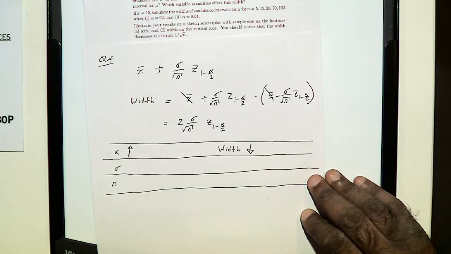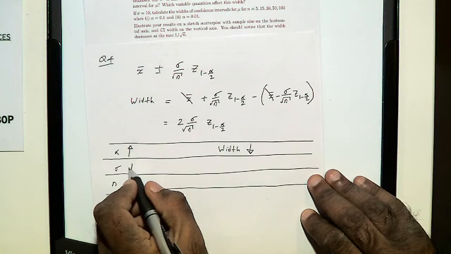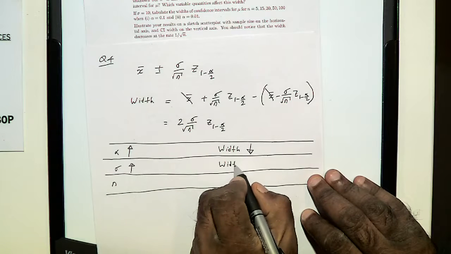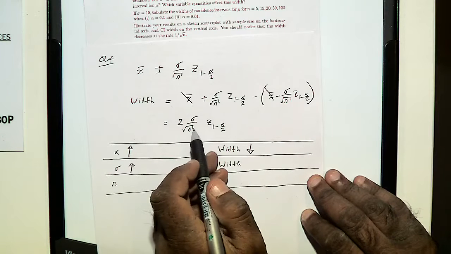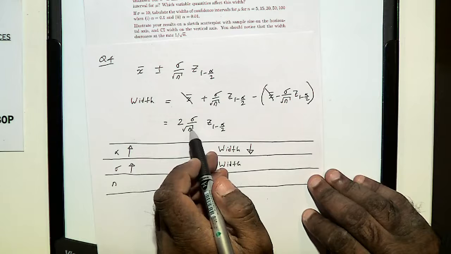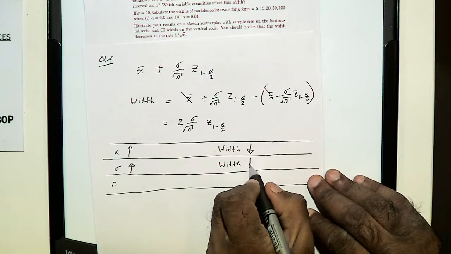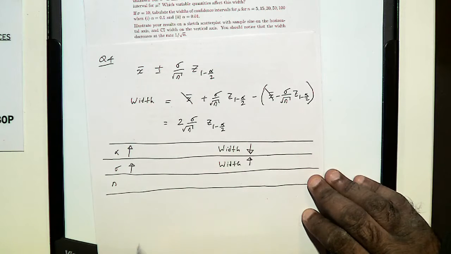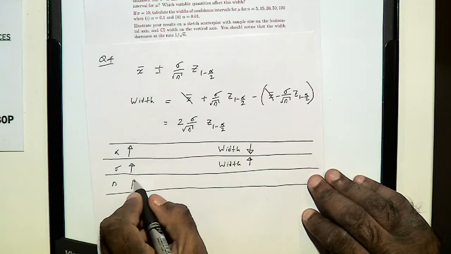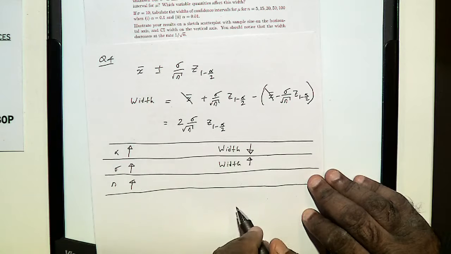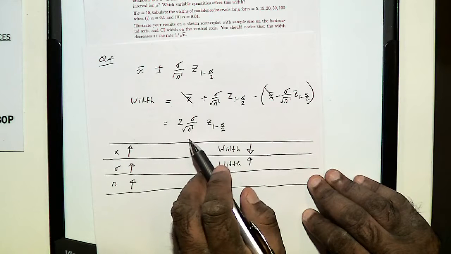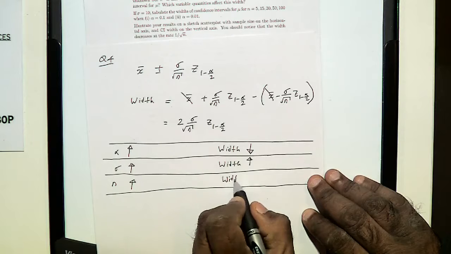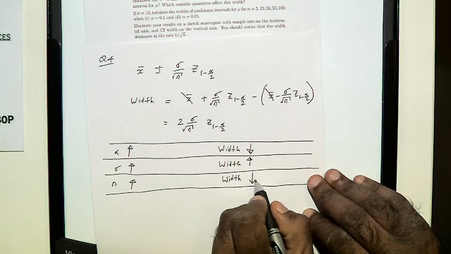Alright? And if I decide to increase the value for sigma, what will happen to the width? The sigma is in the top. So if you increase the value for sigma, the width will increase. Right? And if I increase the value for n, which is in the bottom, the width will decrease.